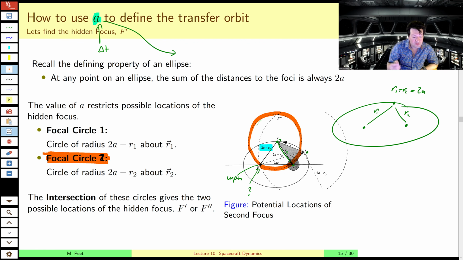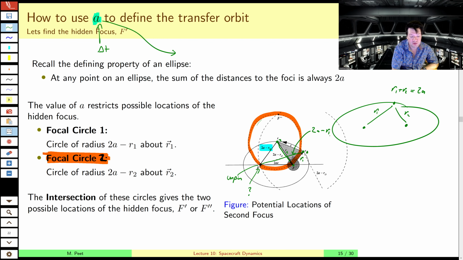Likewise, that information is still not enough to determine where our focus is. We have an infinite number of points, the entire circle of possible hidden focus locations. Fortunately, however, we have another focal circle, specifically about r1. We know that the distance from r1 to the same focus satisfies the same geometry, and so that distance must also be 2a minus, in this case, r1, not r2.